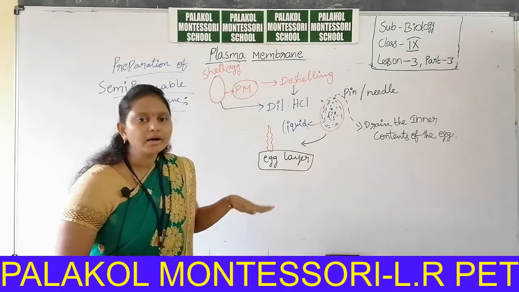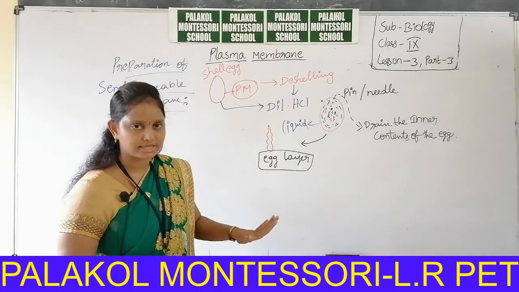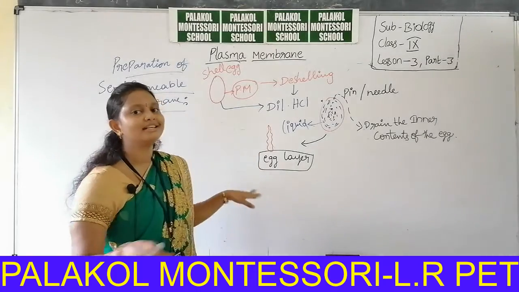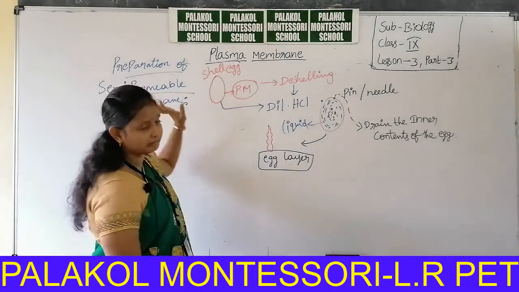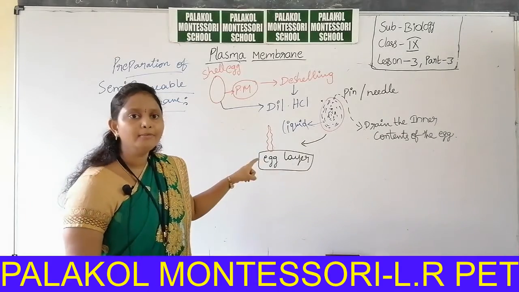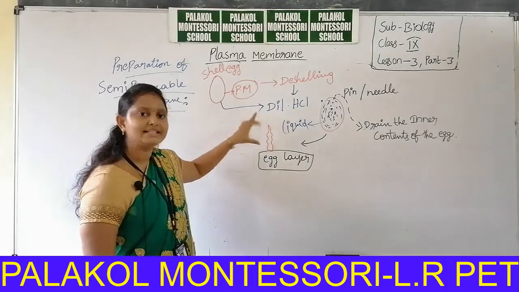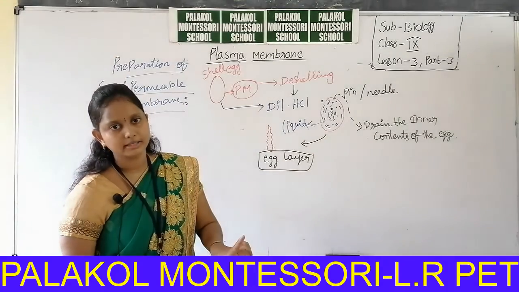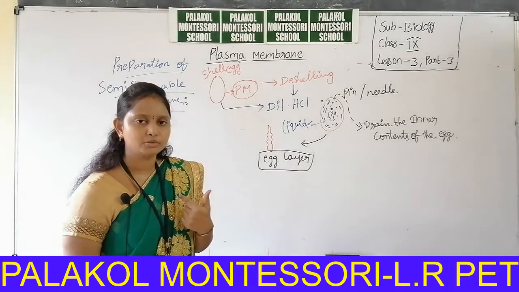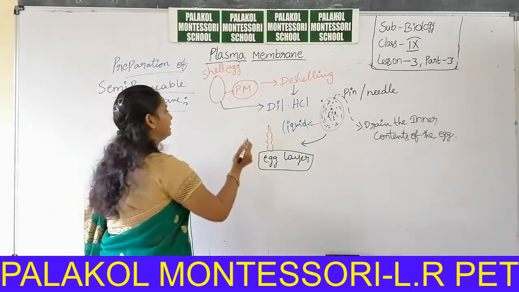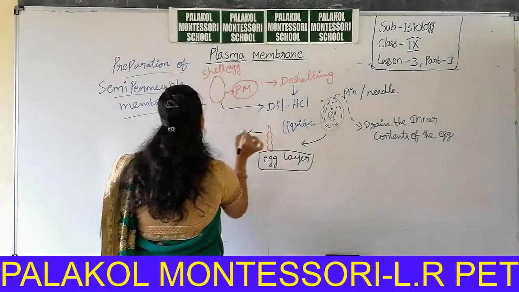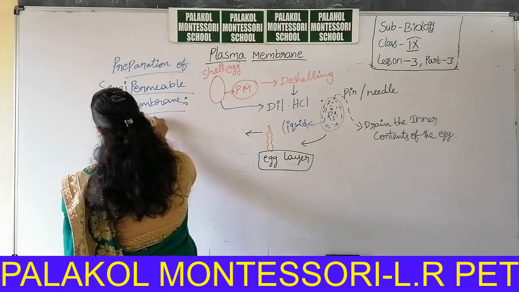If it cannot do any osmosis process, it is not considered a semi-permeable membrane. So now we want to check whether the membrane is semi-permeable or not. Are you following me, students? Just concentrate.